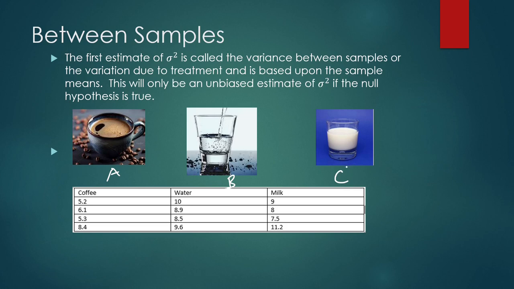If I want to calculate whether there is a difference between the reaction times for each drink, then I can compare coffee with that of water and milk. So we're comparing groups A, B, and C with each other. That's what we mean by between the samples. Here it looks like the average reaction time for coffee is a lot faster than the reaction time for both water and milk.